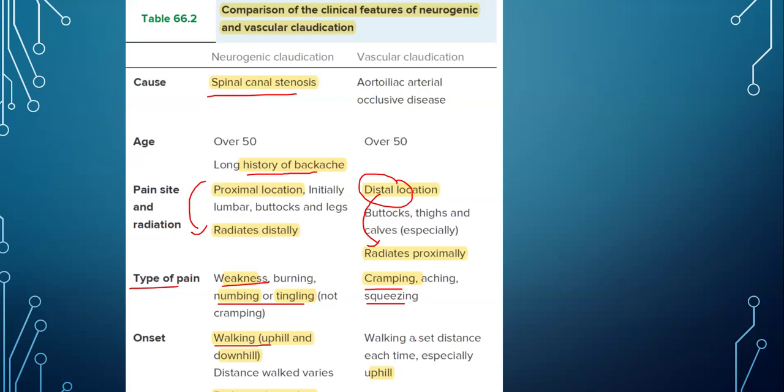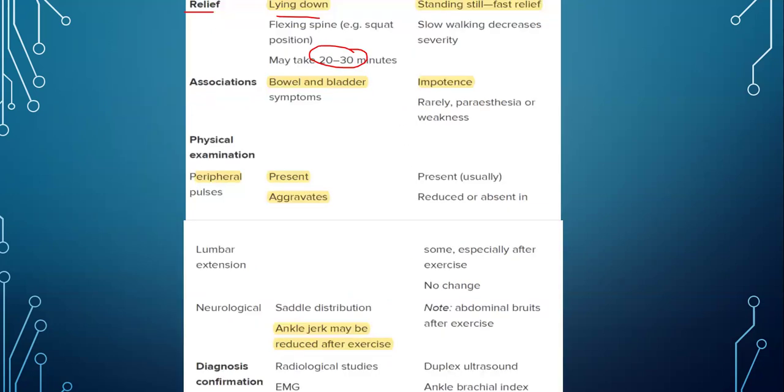Okay. And in vascular claudication, the pain will get worse after walking a distance, especially uphill. And if the patient takes rest, usually very fast relief of the pain will happen. So it will not take 20 to 30 minutes like neurogenic claudication for the pain to get better after a rest.